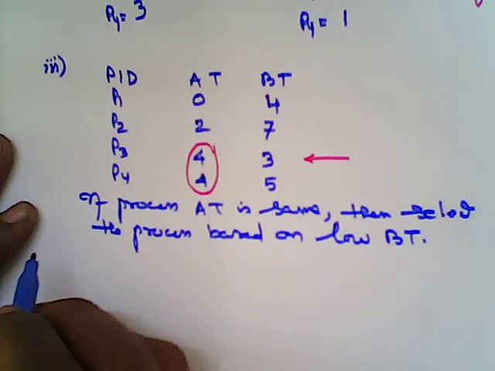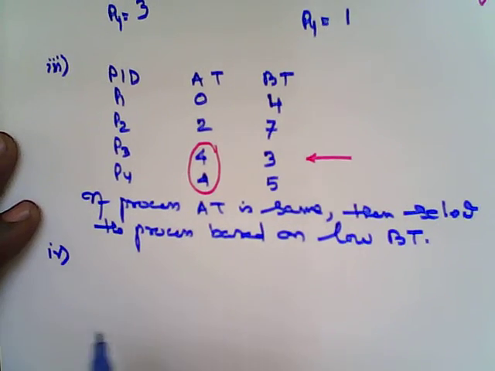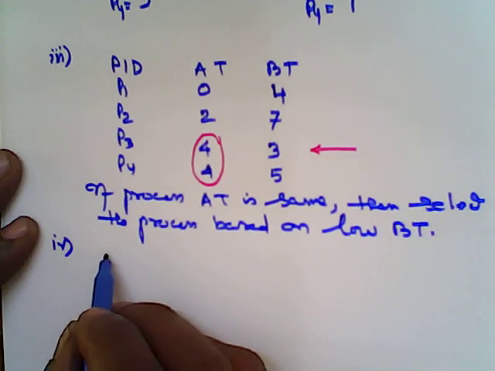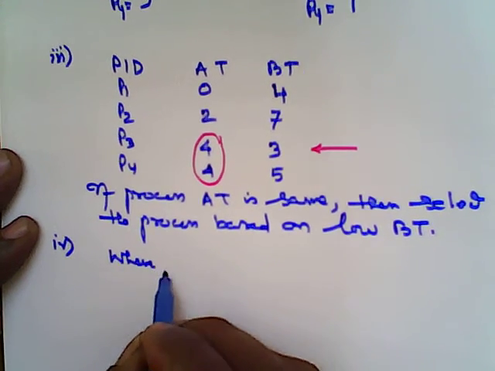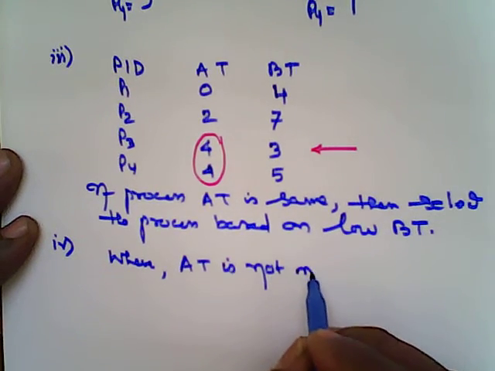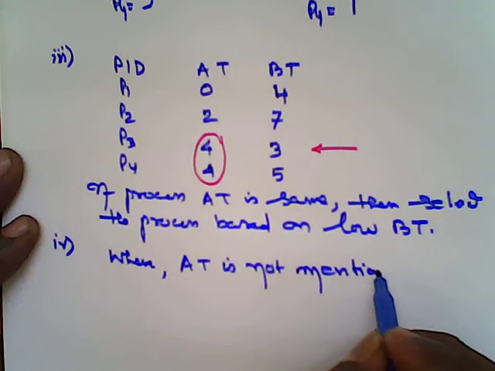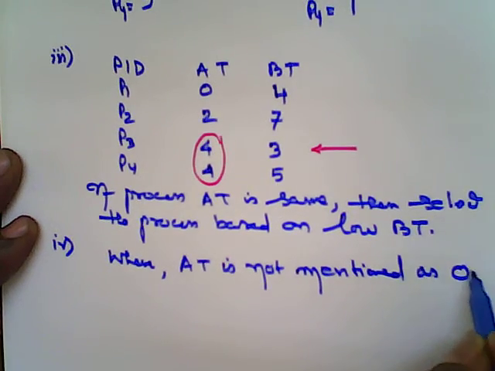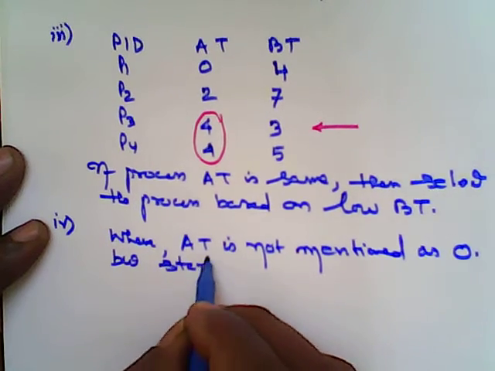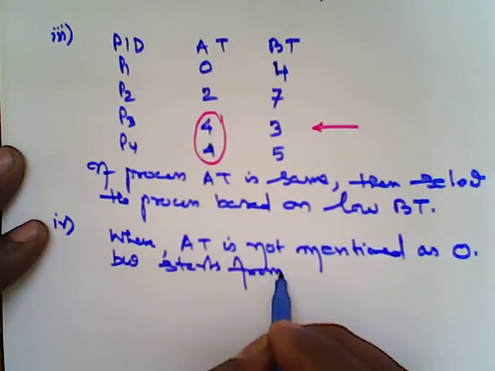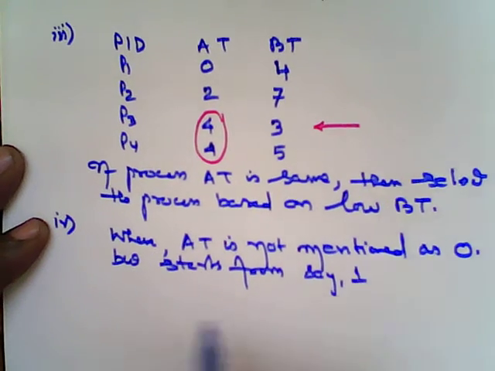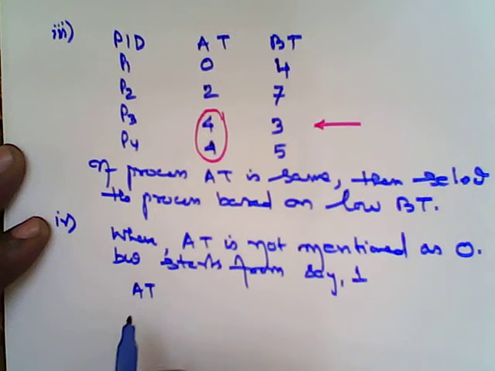Next, assume that you have a process where the arrival time is not mentioned as 0 but starts from, say, 1. For example, arrival time is 1, 2, 3, 4.